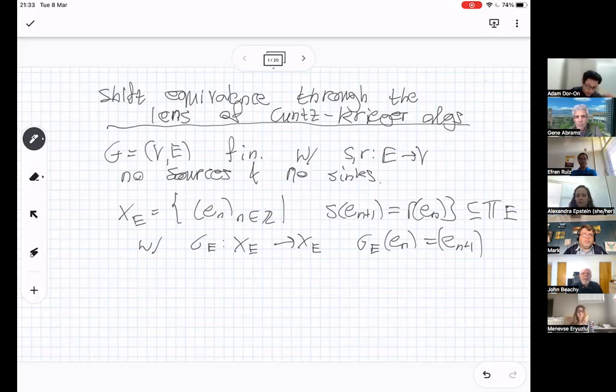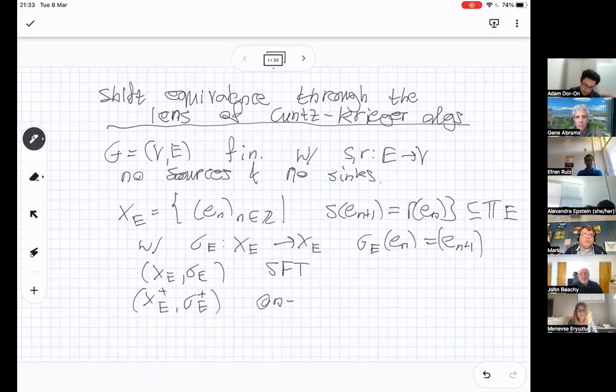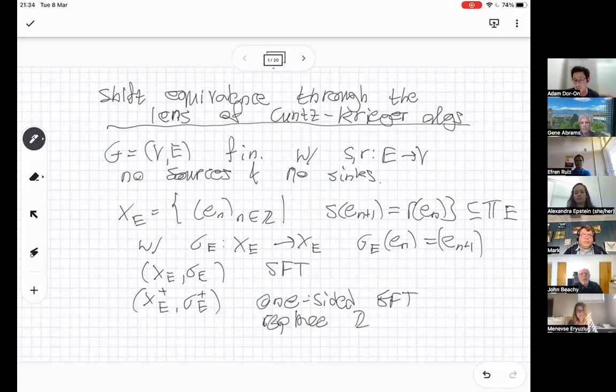And so this is what I call SFT, or subshift of finite type. And I could also take a one-sided version of this. This is a one-sided SFT, if we replace every instance of the integers with the natural numbers in the above picture.